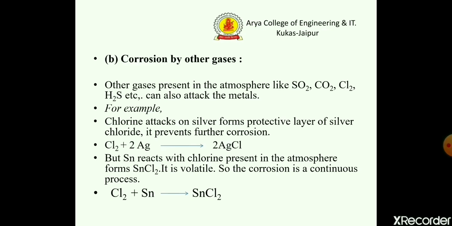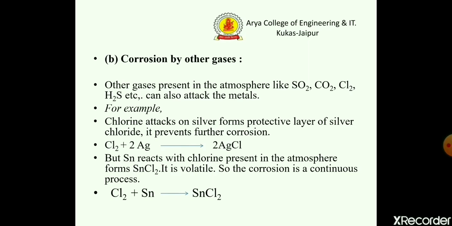The second type of dry corrosion is corrosion by other gases. According to this, other gases present in the atmosphere like SO2, CO2, Cl2, H2S can also attack the metal surface.